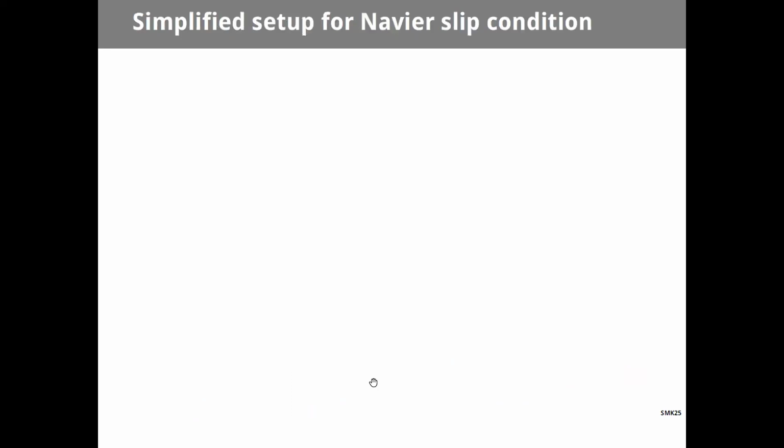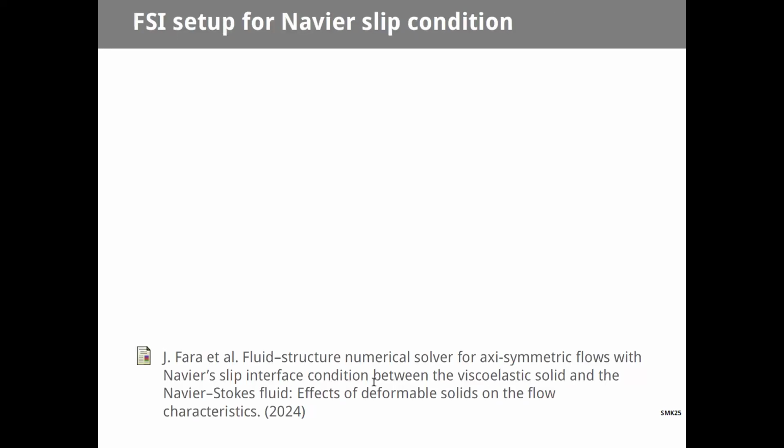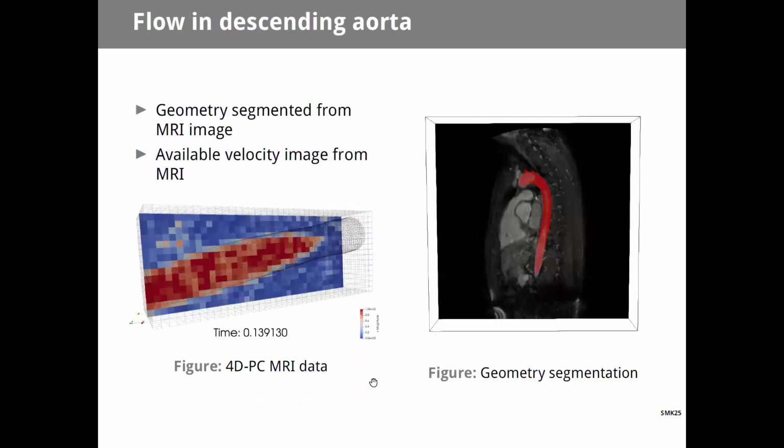That's possible, but it's not straightforward. With no slip in fluid structure interaction, you can easily incorporate this into the fact that the velocity is continuous across the interface. But here only the normal component is continuous, while the tangential component of the velocity can have some jumps. And that makes the implementation even more difficult.